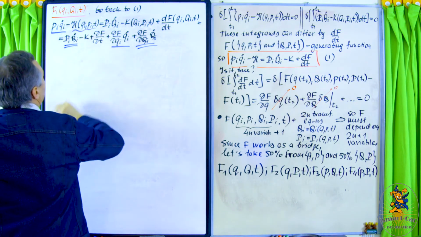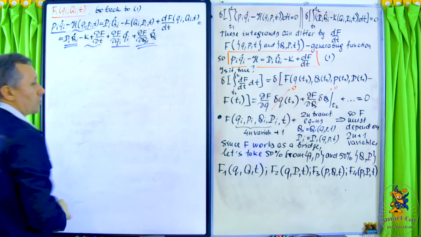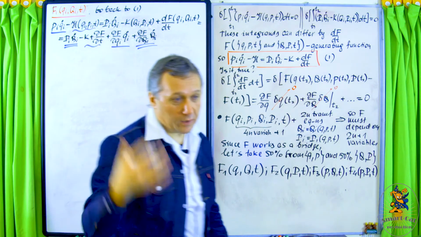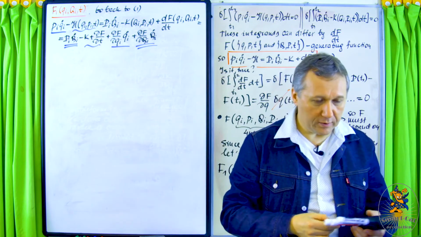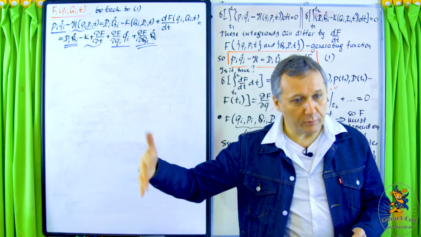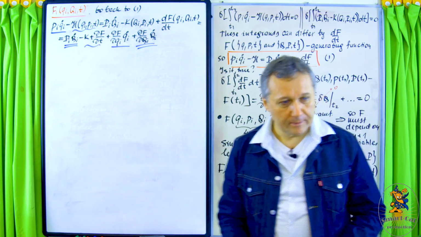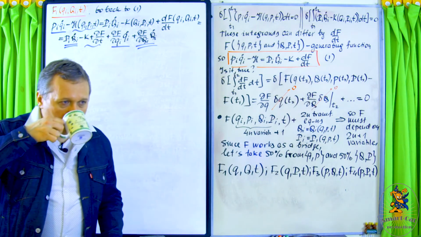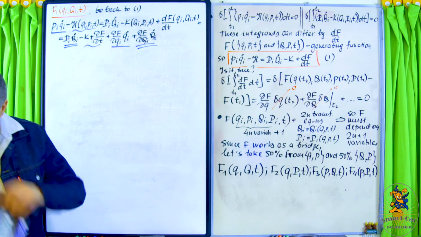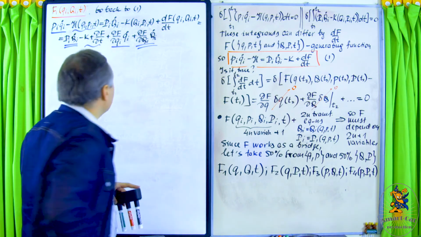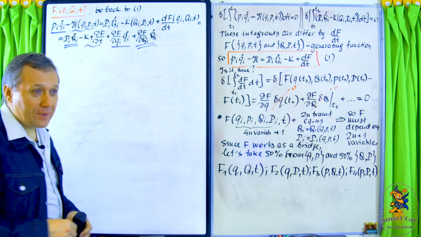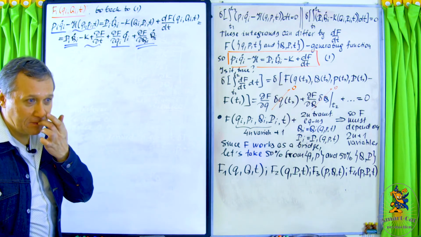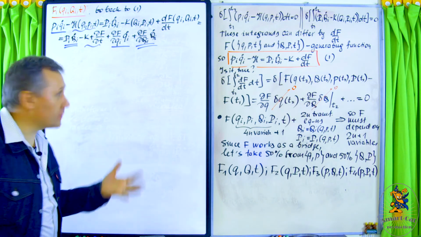This, let me use wavy lines, must also be equal, because you can multiply the whole thing by dt and you'll have differentials of linearly independent variables.